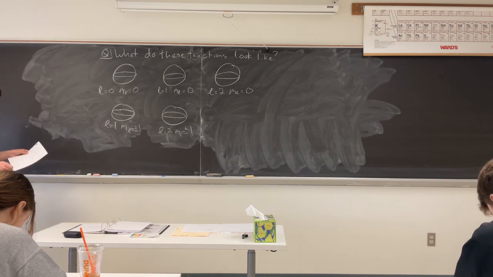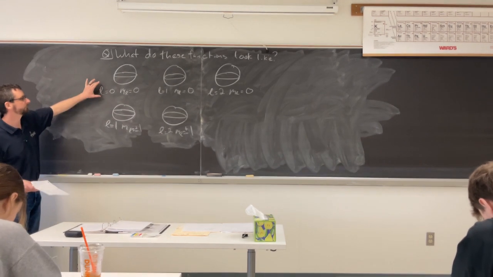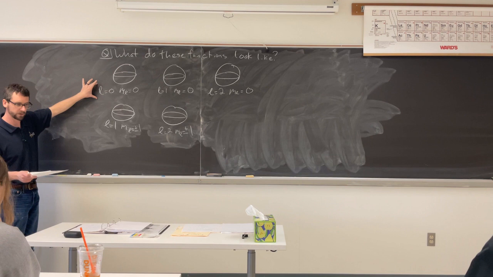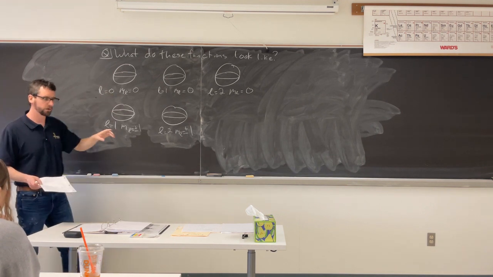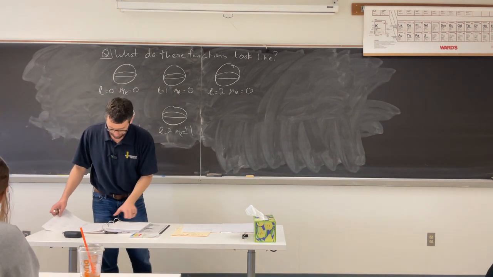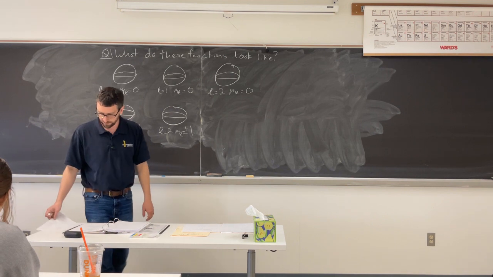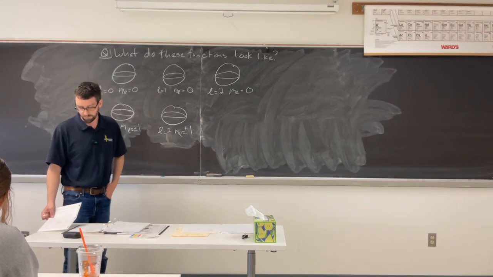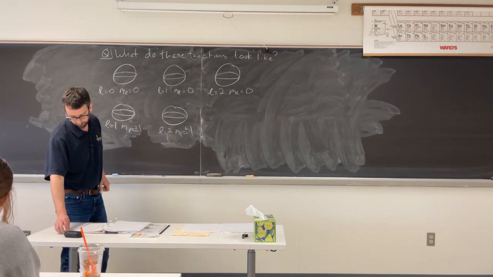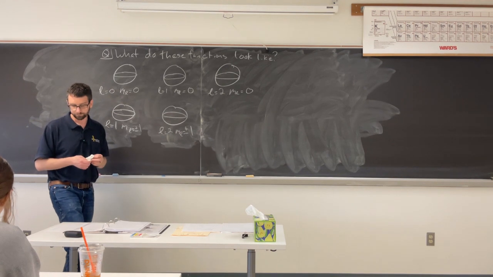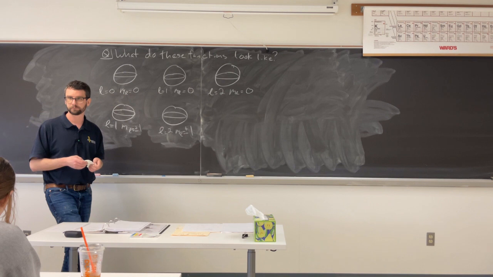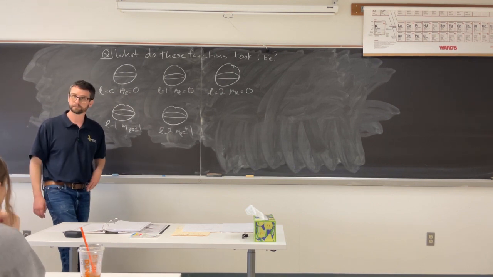Okay. L is equal to 0, ML is equal to 0, look at your table. What does that look like it's the solution to? Or what do you notice about that function? Yeah, it's just a constant.